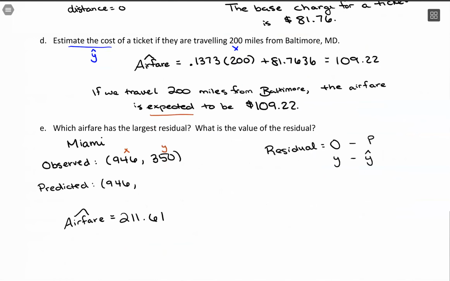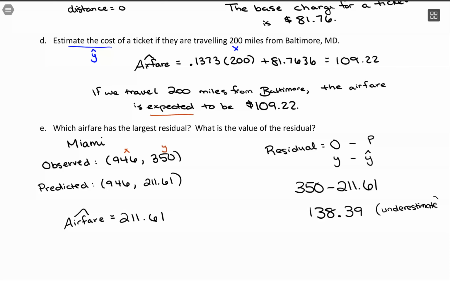So from that, we can get our predicted airfare of 211.61. So the value of the residual, what I'm going to take is the observed value, which was 350, minus the predicted value of 211.61, which is 138.39. So we're getting this positive residual out, which means we had an underestimate.